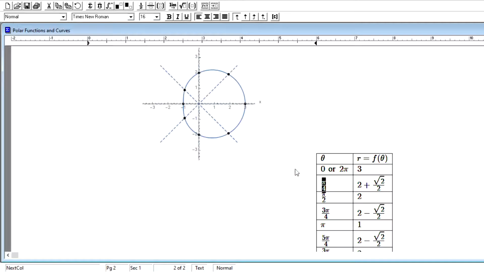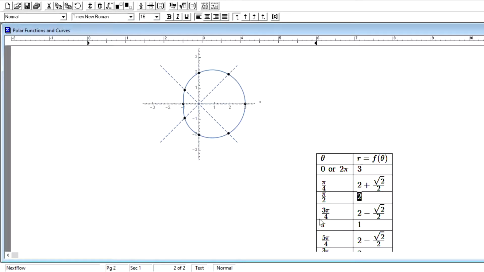When we cycle up to an angle measurement of theta equal to pi over 4, that's on this radial arm right here, we will be a distance of 2 plus the square root of 2 divided by 2 units away. So that's somewhere between 2 and 3 units away, right? And that puts us right there, at that particular distance. When we cycle over to pi over 2, which is falling along the positive y-axis, we are exactly 2 units away, which puts us right there.